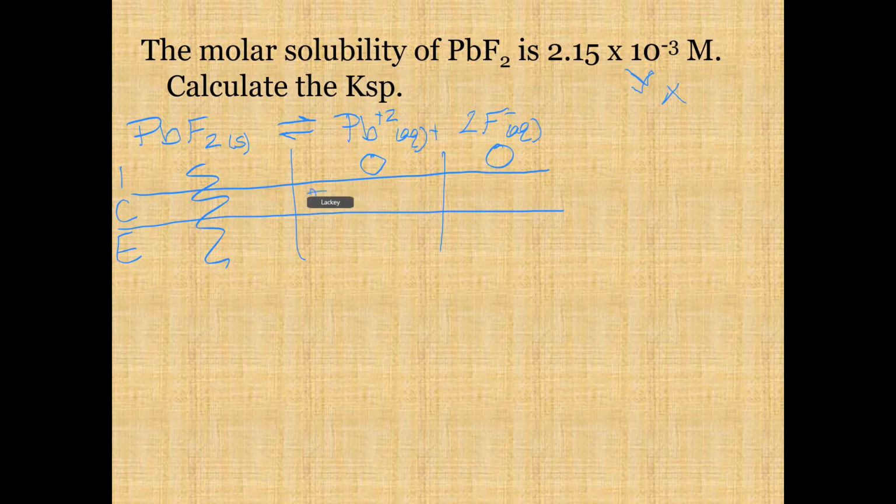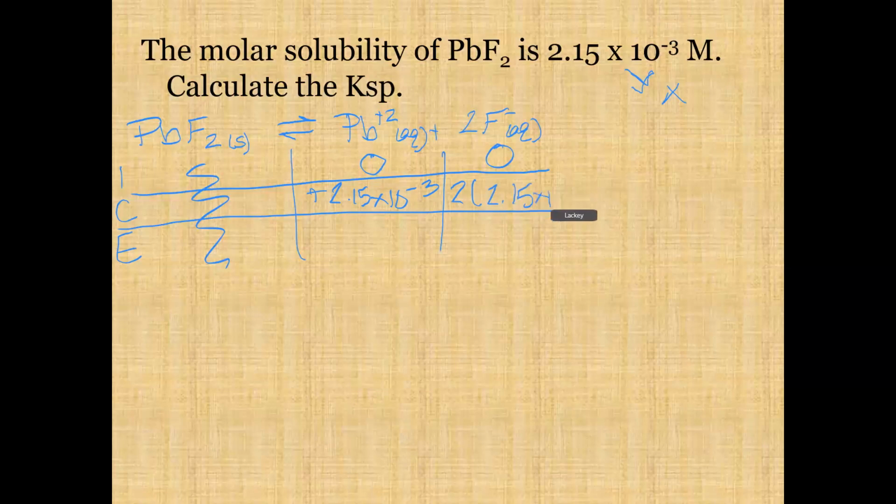So we have to add the X value for lead, the 2.15 times 10 to the negative third. For fluorine, though, remember in the change step, coefficients matter. So we have 2 times that X factor, the 2.15 times 10 to the negative third.